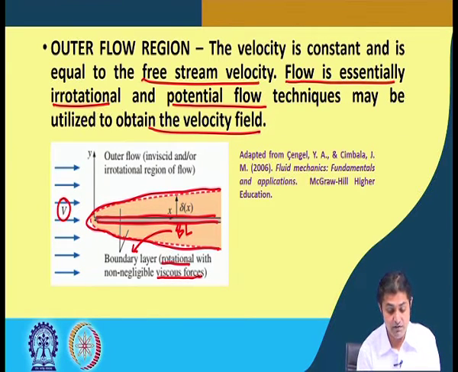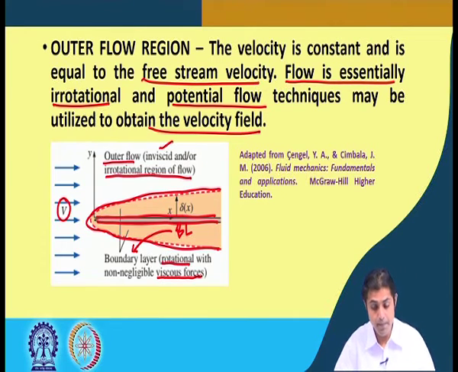So, viscous forces will exist in this region, and the region outside is the outer flow, where the flow is inviscid, or there is no viscosity or friction, and we can consider an irrotational region of the flow here.